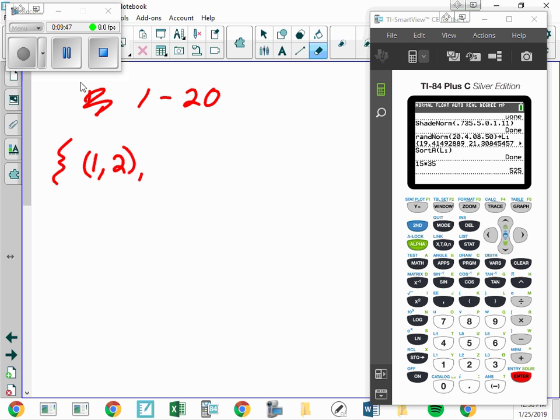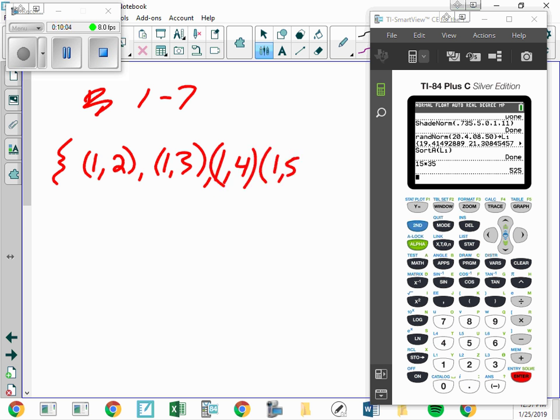20 is too big. I don't want to write all those down. I'm lazy. How about 7? So 1 through 2, what else could happen? 1 through 3, 1 through 4, 5, 6, and 7. What else can happen? 2, oh, good, Gracia.